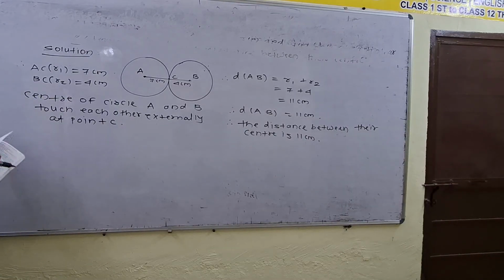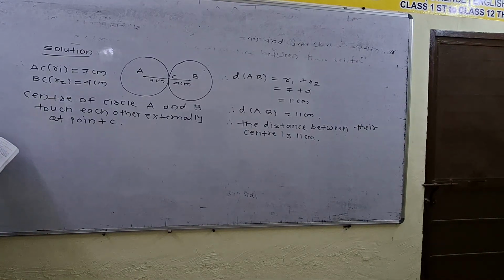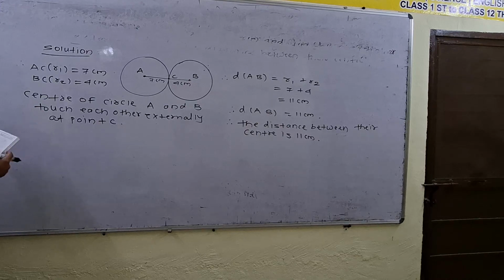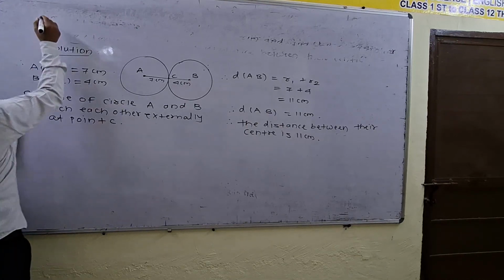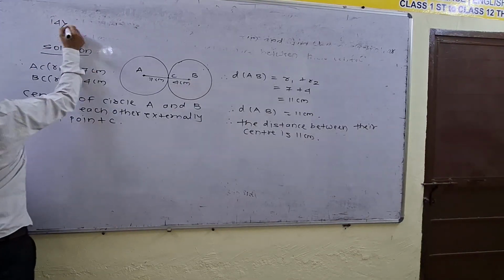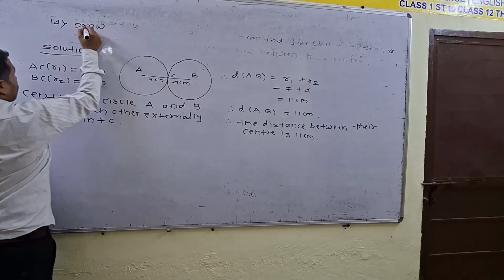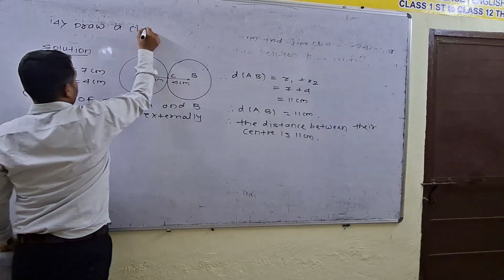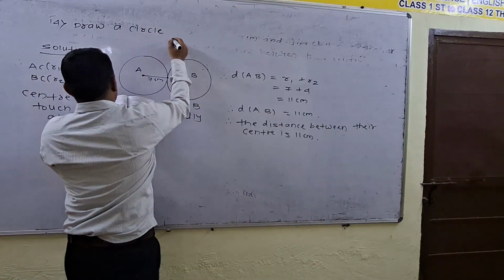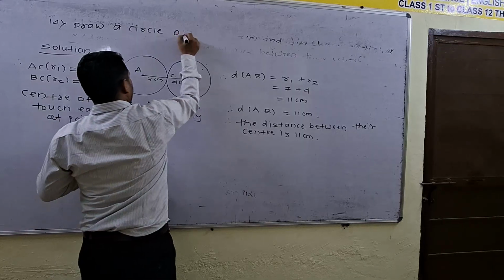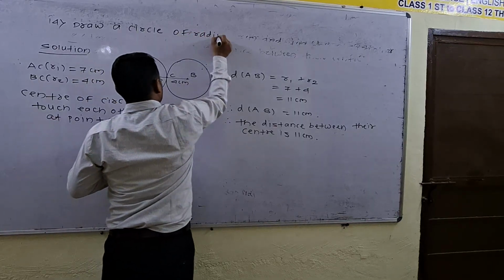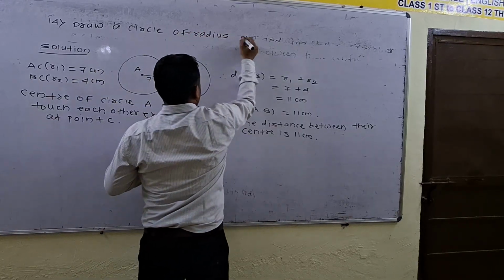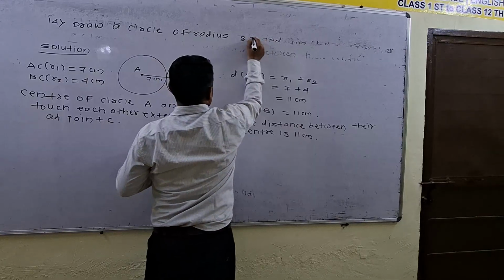Next, we know that, draw a circle of radius 3.2 centimeter. Question number 14. Draw a circle of radius 3.2 centimeter.